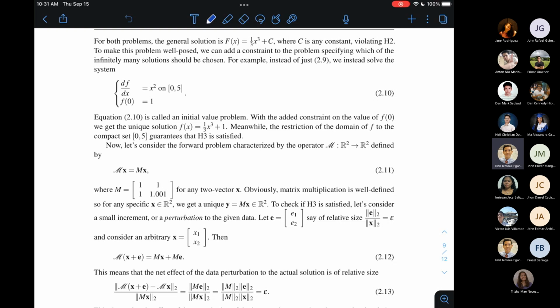And when we say understanding the phenomenon, we want to build a mathematical model for it. Usually it's an equation that relates the inputs to the outputs. And then, to have an easier time analyzing inverse problems in general, parang pinag-aaralan natin to in terms of operators.